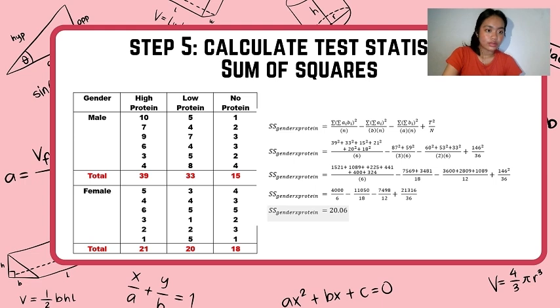You'll also be using the total for the sum of squares of gender and protein. Then the sum of squares of interaction is the sum of squares minus the sum of squares of protein minus the sum of squares of gender, plus T squared over N, which is the total, of course.